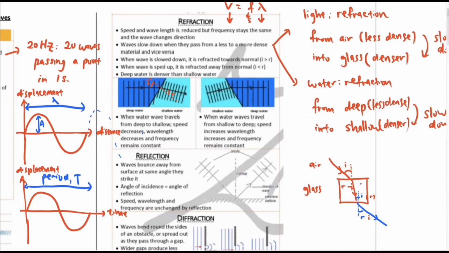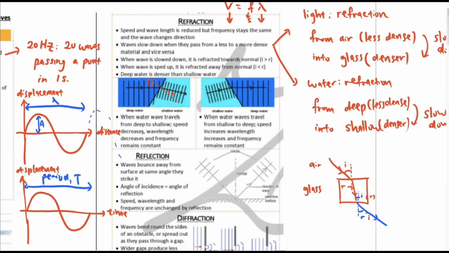In calculation, you said that the big one is I. Actually, what does that mean? This angle is the bigger angle compared to this, right? So this bigger angle is the I for calculation.